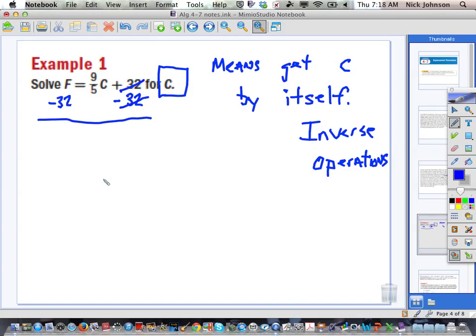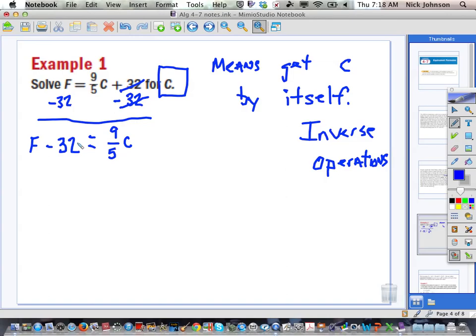That leaves me with 9/5 C is equal to F minus 32. Yep, still leave the F in there. F minus 32. It's not a negative 32F. It's F minus 32.